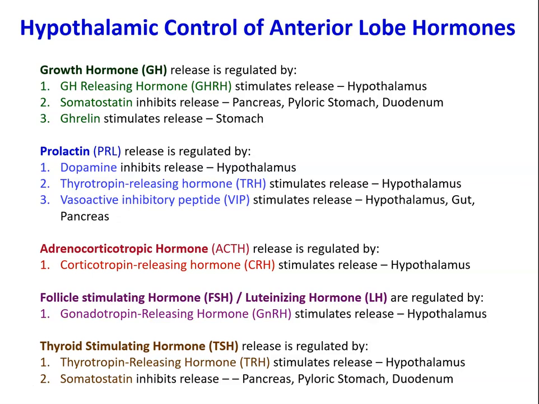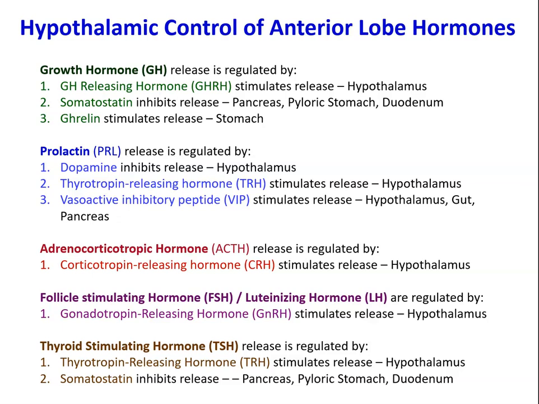The release of prolactin by lactotropes is regulated in several ways. First, by dopamine, which inhibits its release, and that's made in the hypothalamus. Second, by thyrotropin releasing hormone, also made in the hypothalamus, and by vasoactive inhibitory peptide, which stimulate the release, and that's made in the hypothalamus, the gut, and pancreas.